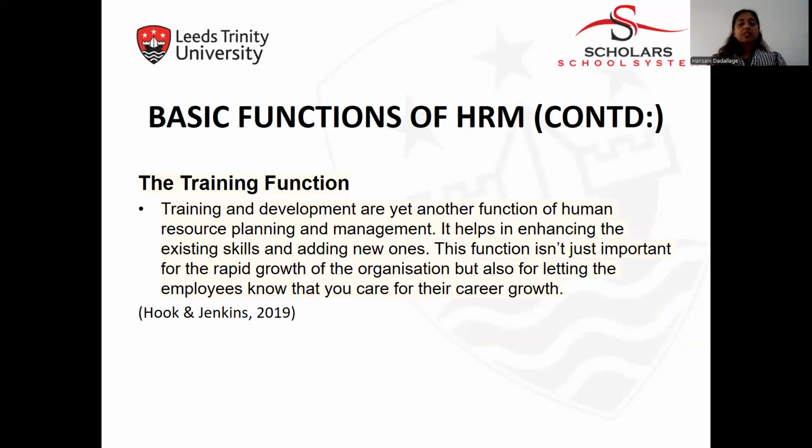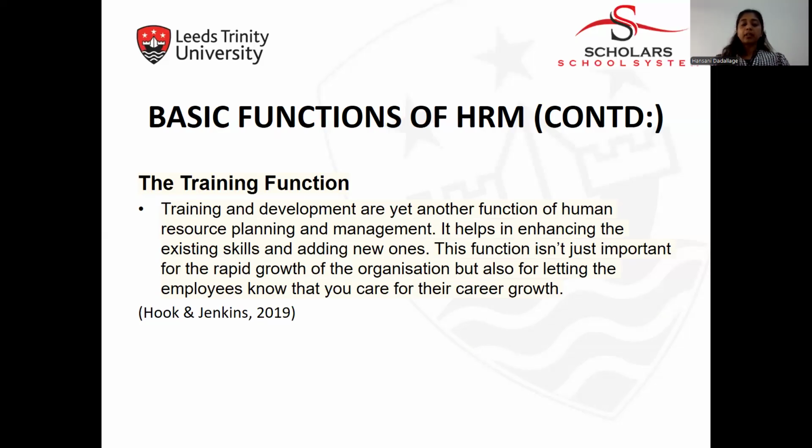The next function is the training function, which most of us know. You all have heard this term training. Training and development are yet another function of human resource planning and management. It helps in enhancing the existing skills and also adding new skills to the employees. This function is not just important for the rapid growth of the organization, but also for letting the employees know that you care for their career growth.